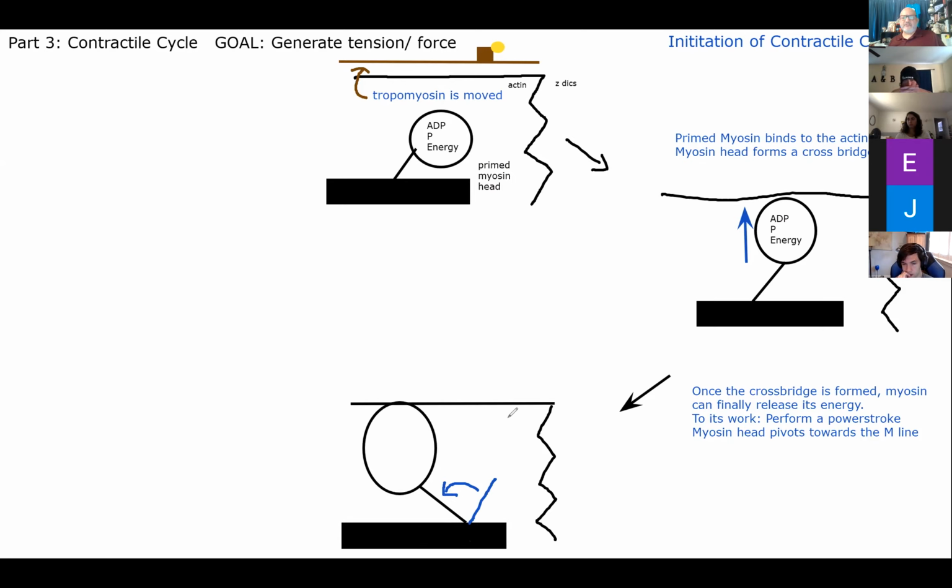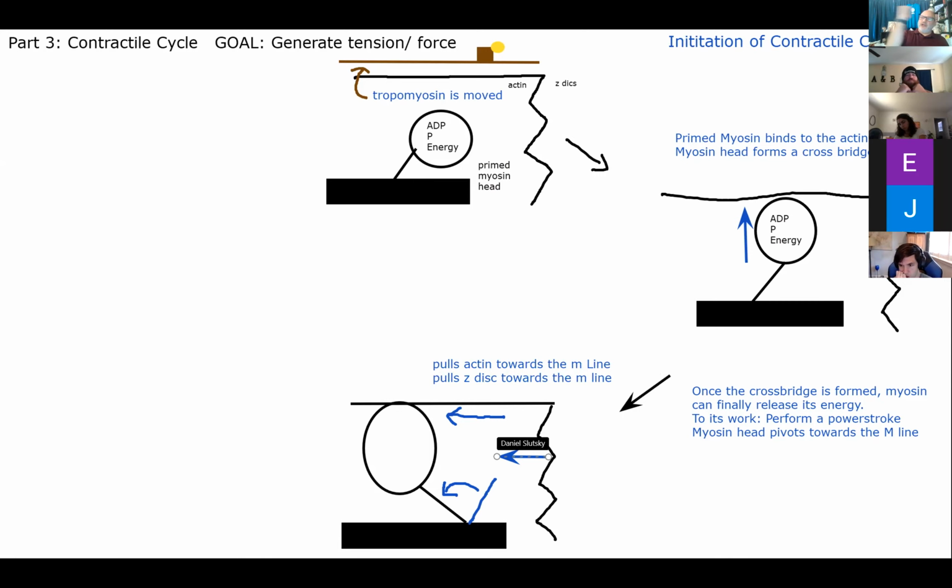Now notice, as it pivots towards the M line, it is going to pull on the actin. And guess what? Our actin is connected to the Z disc. So it pulls the Z disc towards the M line. Now remember, this is happening on both sides.